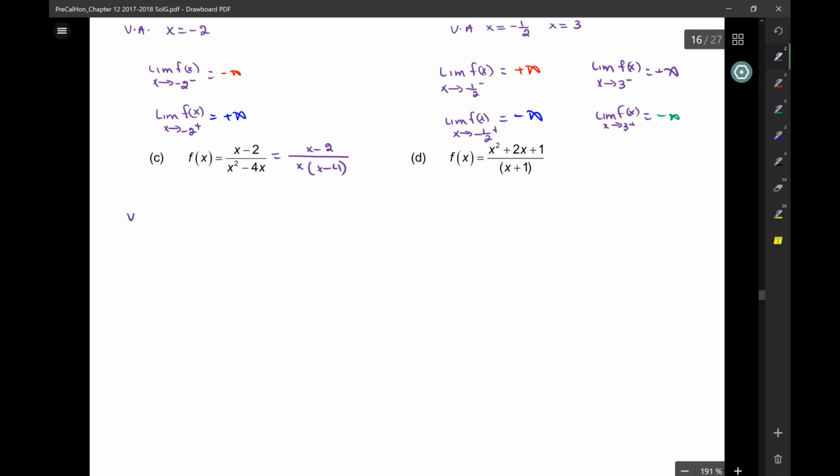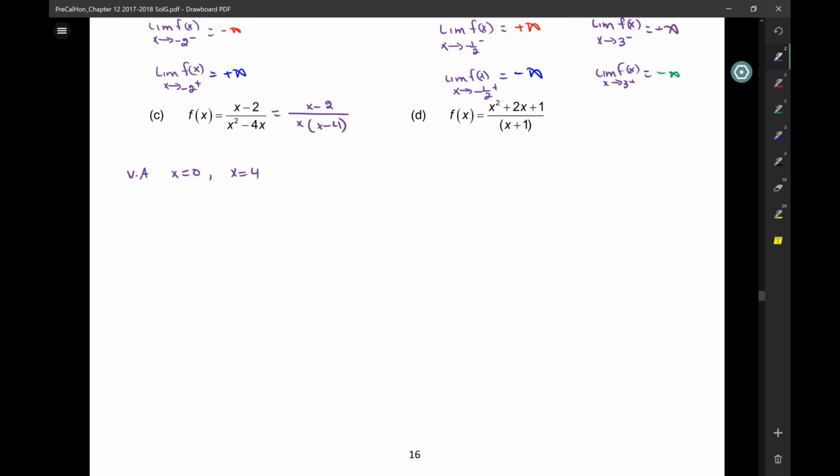So we have vertical asymptotes at x equals 0 and x equals 4. And again here, the limit of f of x, I'm just going to do it for x equals 0. As x approaches 0 from the left side, and from the right side, to save time, because you guys got how to do it.